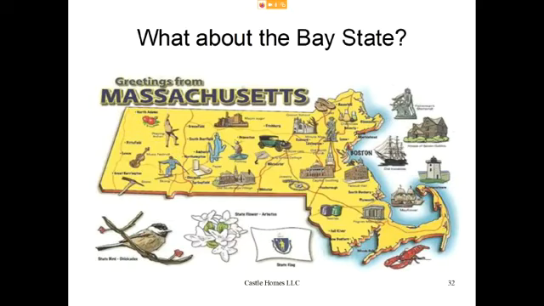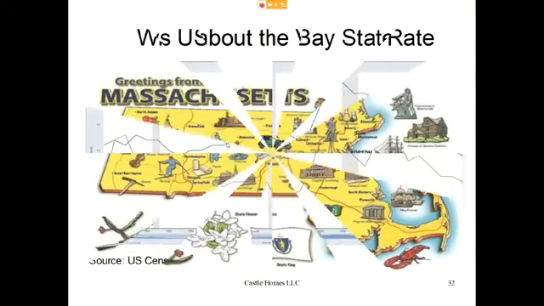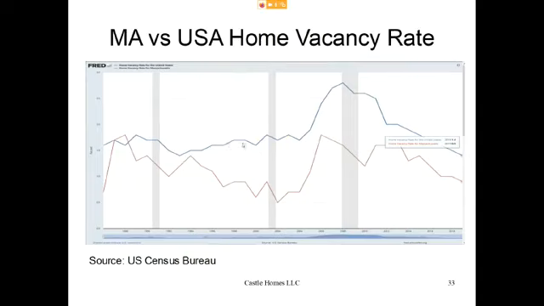All right, so that's enough of national. Let's talk about the Great Bay State. Just looking at where everybody is, our inventory is very low. So we have a vacancy rate for single-family homes in Massachusetts at 0.9%, and for the nation it's 1.4%.